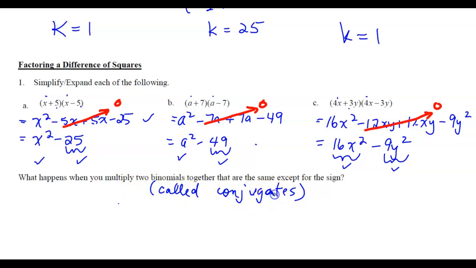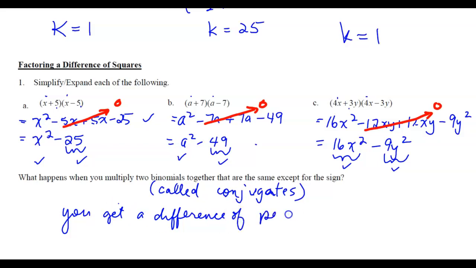When you multiply them together, you get a difference of perfect squares. And we just abbreviate that to difference of squares.